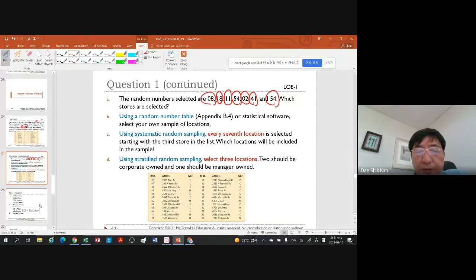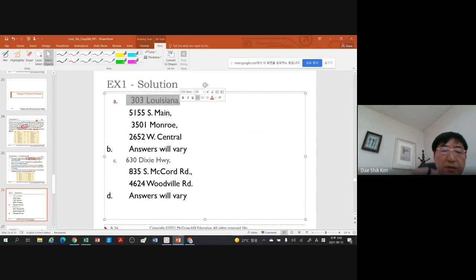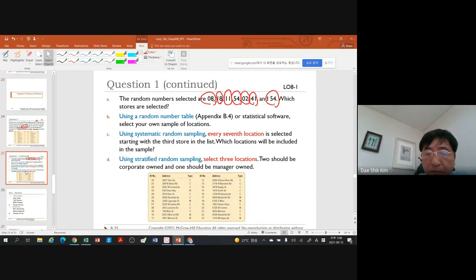You need to choose, whatever it is. If it's 8, it is Louisiana Avenue. Okay, you may do that. First one is 18. 18 is Main Street. You can use Main Street South.